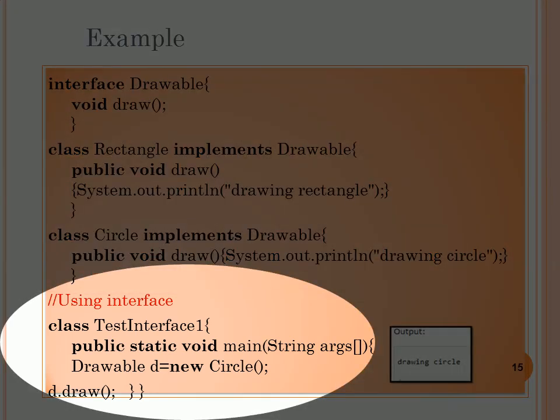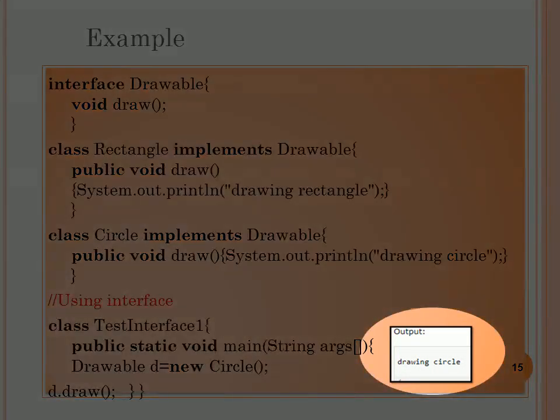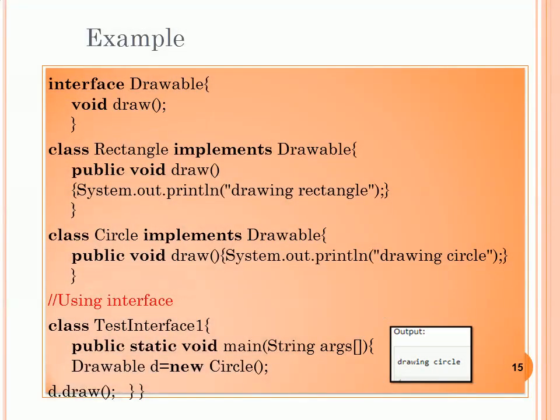Then, in the test class, in the main, we will be creating an object of type drawable. We will instantiate it to a circle. Then, we will call the draw function. The output that will be printed to the screen is drawing a circle, because the draw function that will be invoked in this case is the one that is implemented in the circle class.